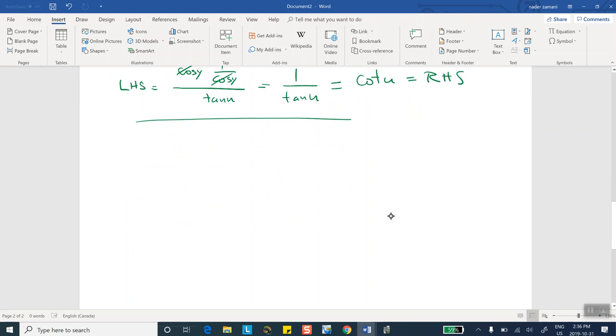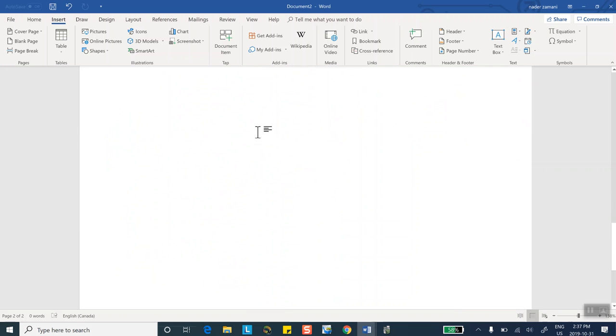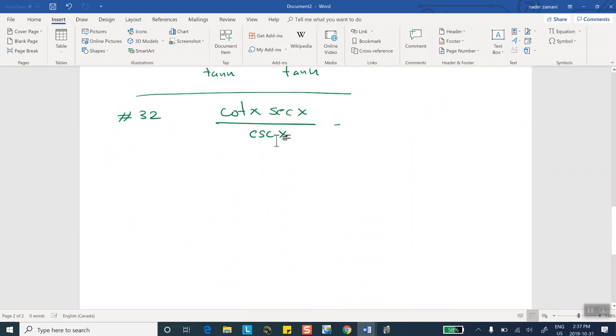Okay, next one. 32. We're supposed to prove that cotangent of x times secant of x over cosecant of x equals 1. So we work with the left-hand side and work our way there.